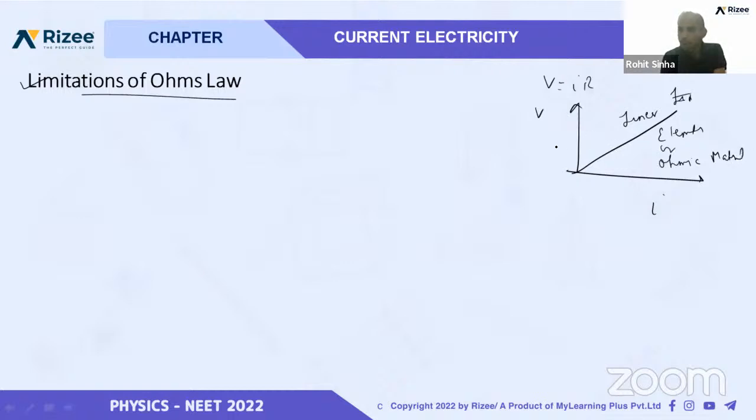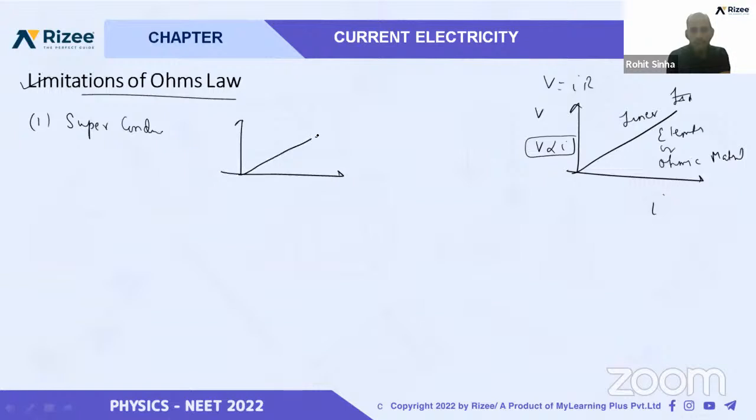It follows Ohm's law, V proportional to I. That's why we call it an ohmic material. Now, what are the limitations of Ohm's law? First limitation: we know some metals, some materials, it may be some superconductor also, at a high temperature they are not following this relation, rather they deviate from this path.